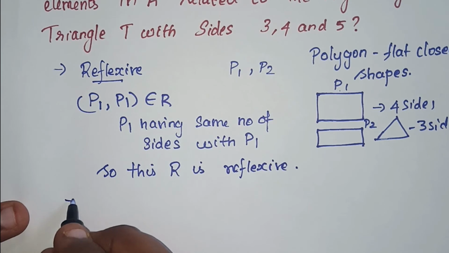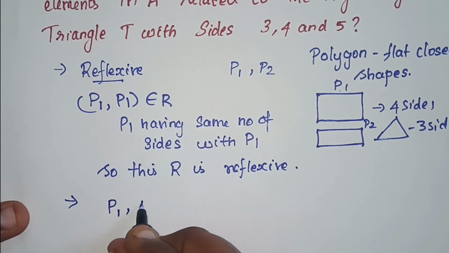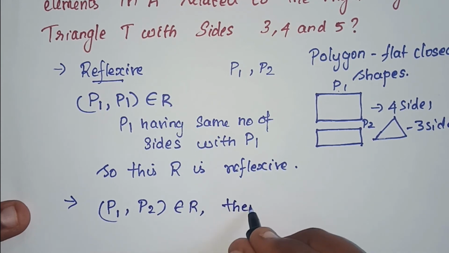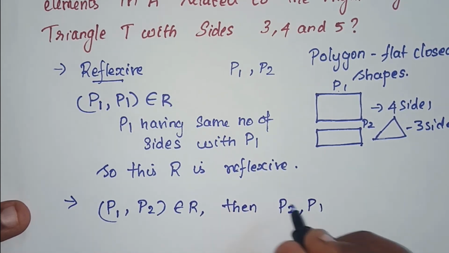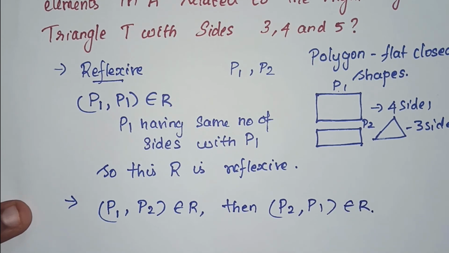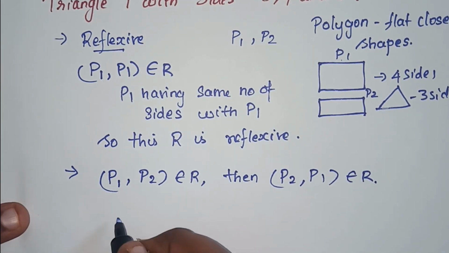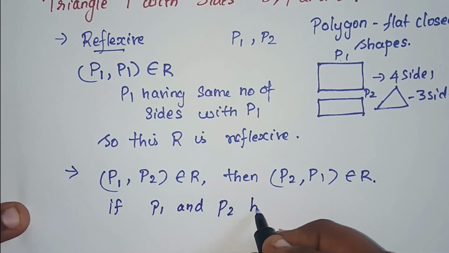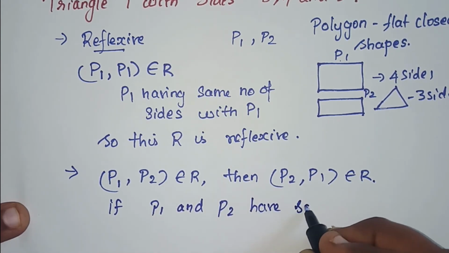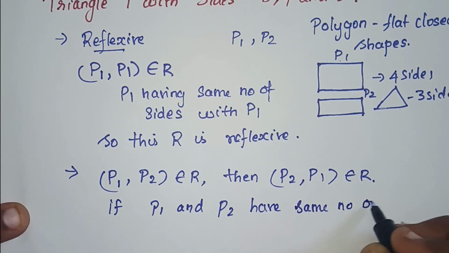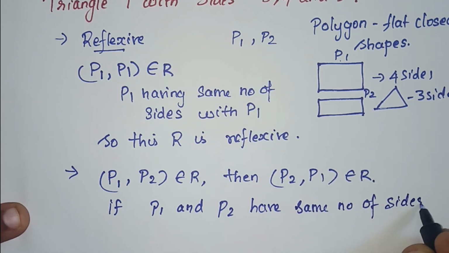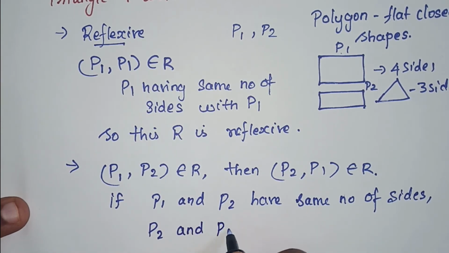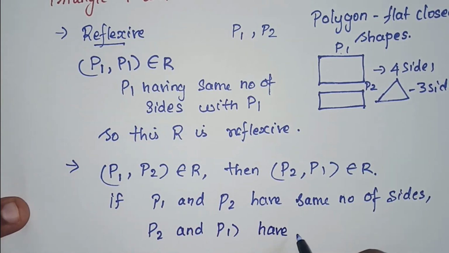Next, symmetric. Symmetric means if P1 and P2 belong to the relation, then P2 and P1 also belong to R, right? If P1 and P2 have the same number of sides, then polygon P2 and polygon P1 also have the same number of sides.